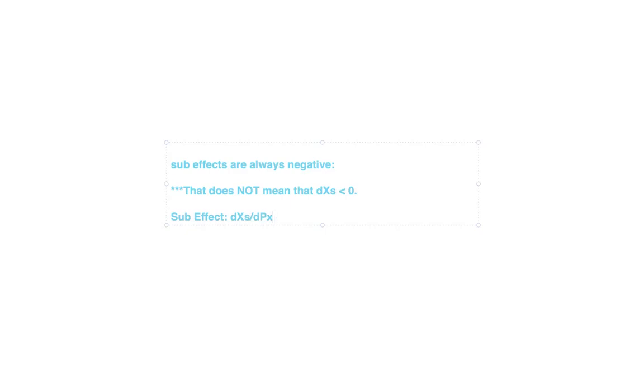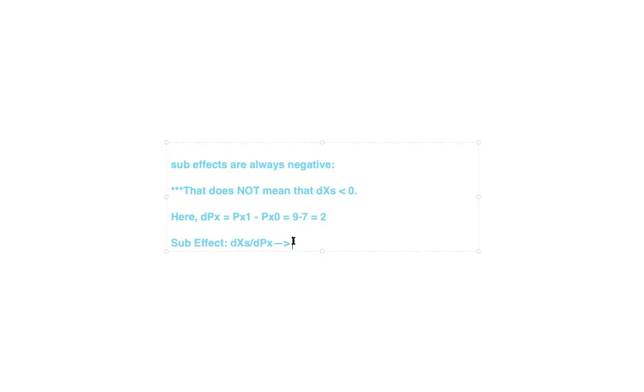In our case here, we already calculated the xs, but we didn't calculate the dpx. Well, we know it was a price increase. We went from a price of 7 to a price of 9. So dpx is equal to the new price, px1, minus the original price, px0, which is 9 minus 7, which is equal to 2.